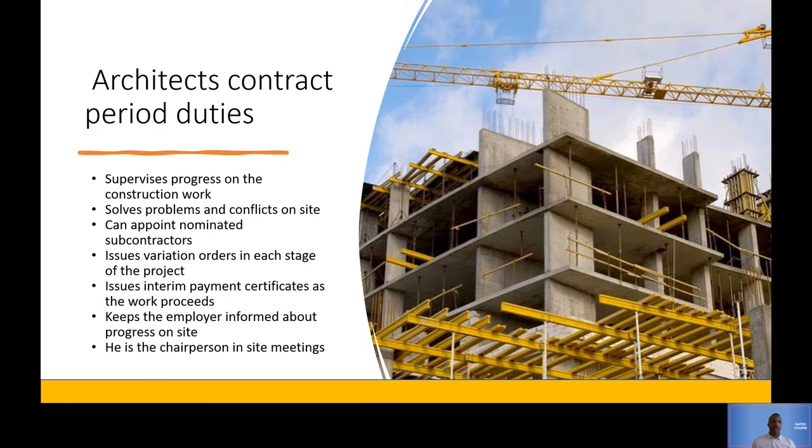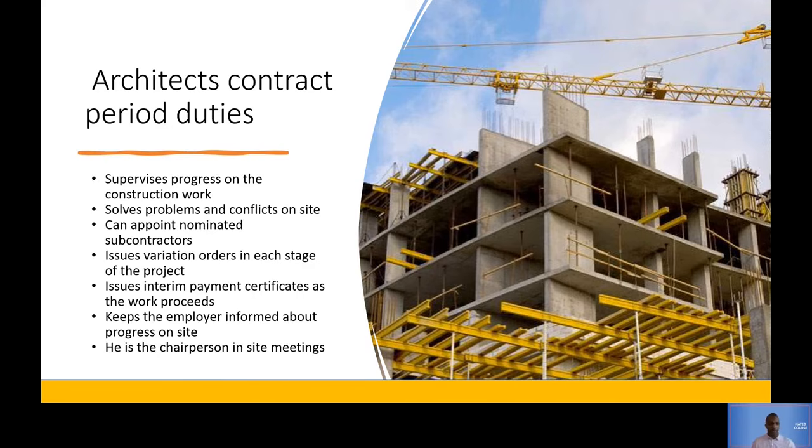So now it's the architect's duty then to issue the payment certificate as well, to ask the employer. So the contractor will prepare it, give it to the architect, and then the architect will then give it to the employer to release the funds.